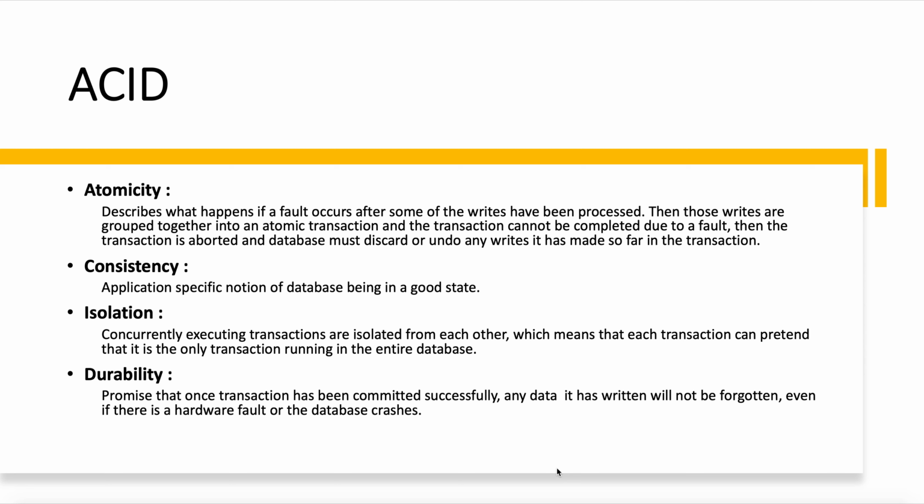If you think deeply, consistency is not a notion of the database, it's a notion of the application. It's the application's responsibility to define how transactions will behave correctly and how they should preserve consistency. This is not something that the database can guarantee. It is up to the applications, because different applications can have different constraints which must always hold true.